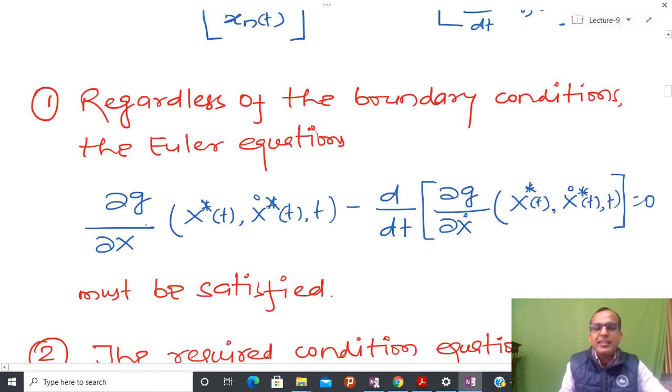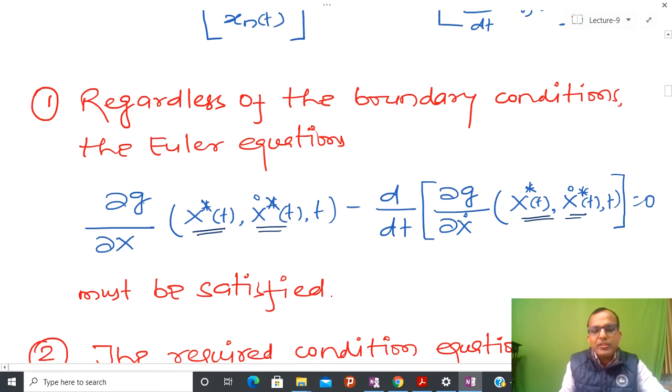Now what happens is that with respect to each variable, x contains x1, x2 up to xn. So with respect to x1, again I have two differential equations, so I have to solve dou g by dou x1, and here all possible functions may or may not be available. Similarly dou g by dou x1 dot, and here again a similar situation, and after that I will formulate two differential equations with respect to x1. g is a scalar quantity, because even if g contains n arguments of x and their derivatives and time, it is a scalar quantity.